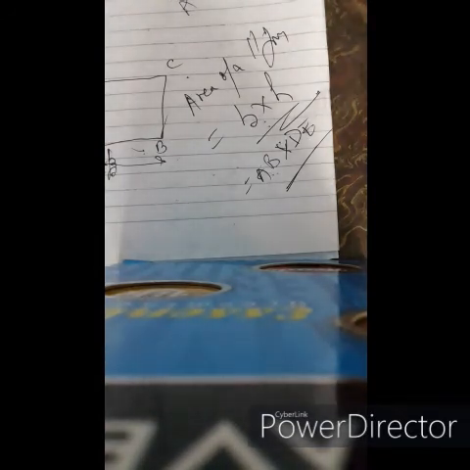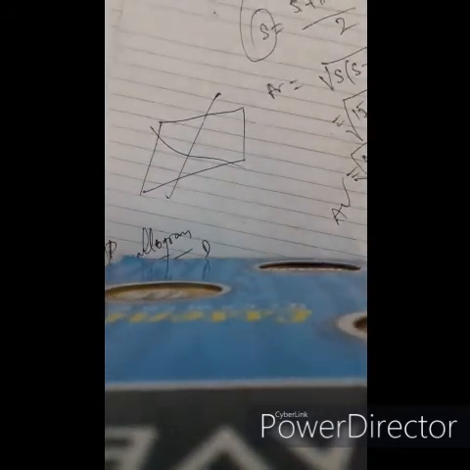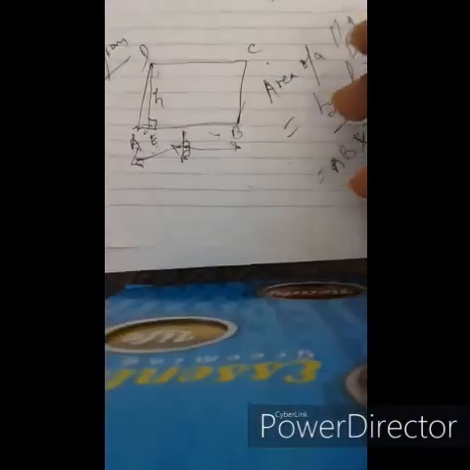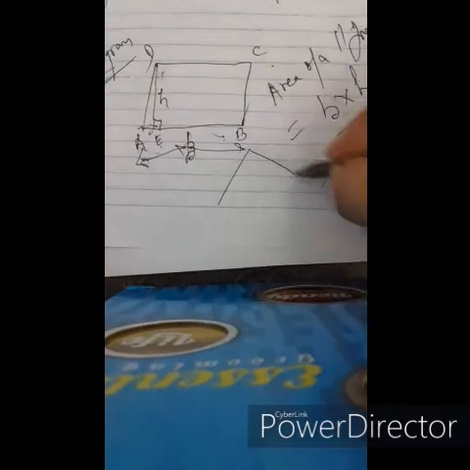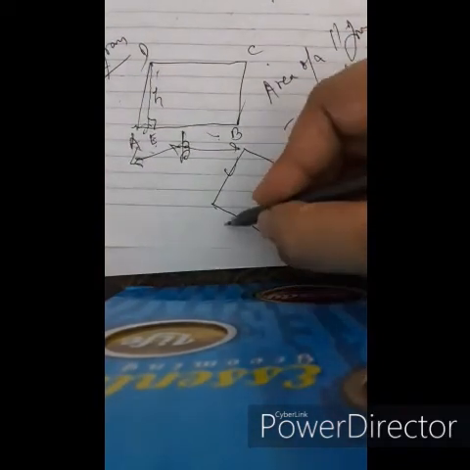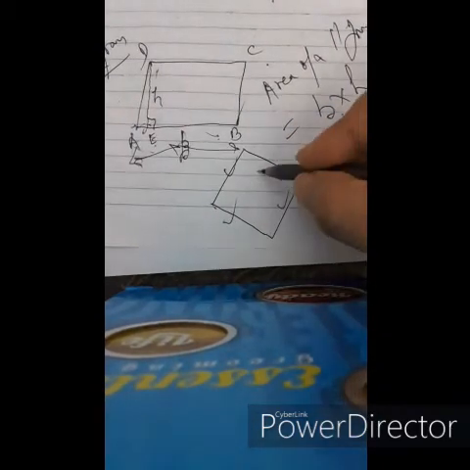It's very simple. Also, now coming to the rhombus. A rhombus can be taken like this. I'll draw it here only. A rhombus has all four sides equal. This side equals this side, equals this side, equals this side.